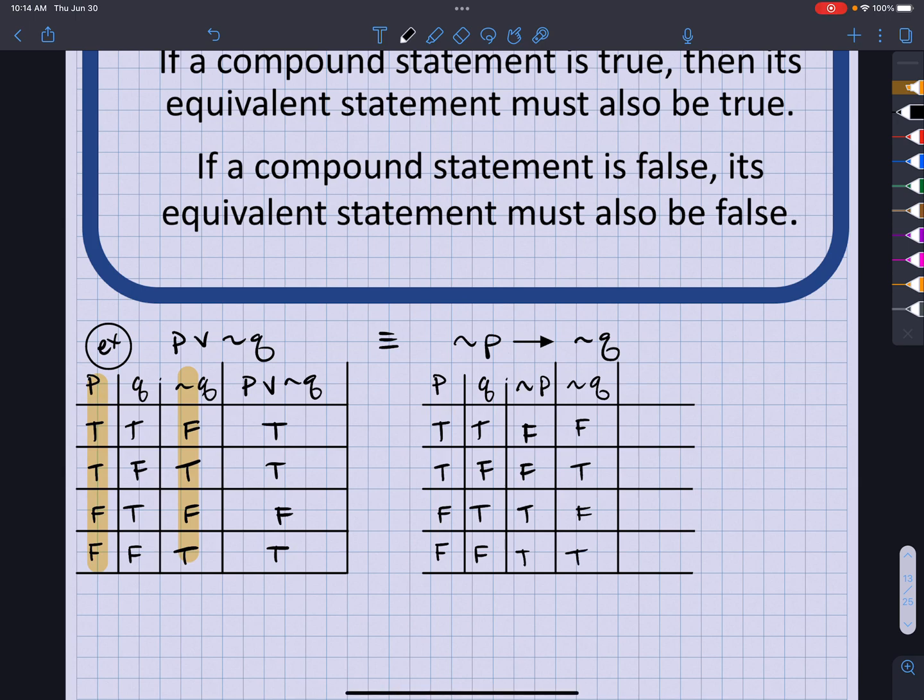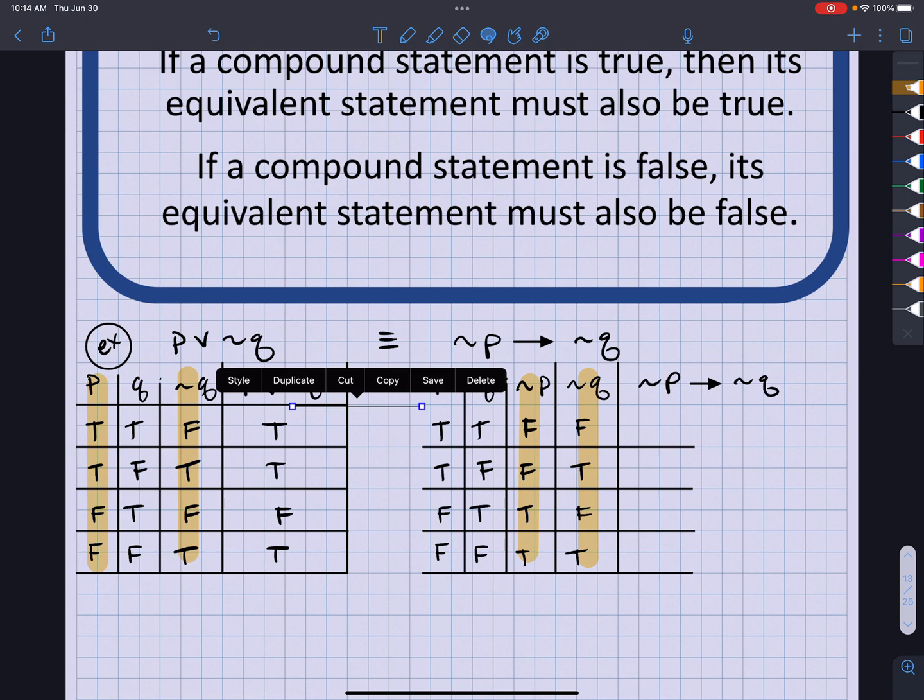Now I can do the not P, then not Q. With the if-then, the only time it's false is when the premise is true and the conclusion is false. So I'm looking at these two columns, not P and not Q, and I'm going to if-then them.